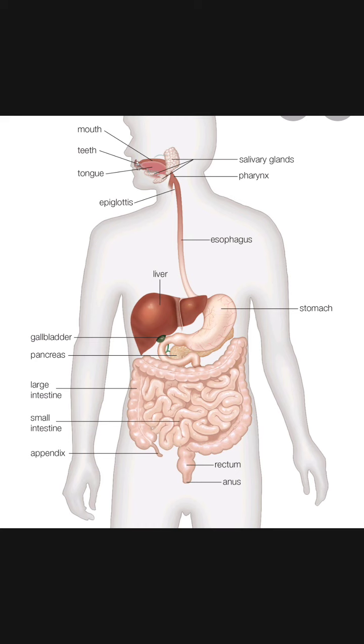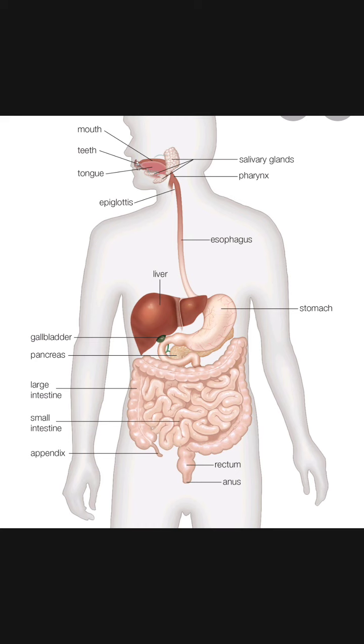So to protect the inner lining of the stomach from the action of this acid, mucus is also secreted that helps to protect the inner lining of the stomach. Now here in the acidic fluid condition, a pulpy substance is formed that is known as chyme. So from the stomach, the chyme passes to the small intestine.